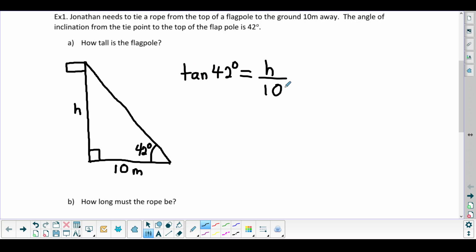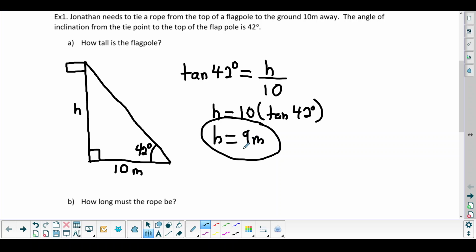And we can rearrange this, so we'll multiply the 10 up, punch that on our calculator. So this would be 10 times tan 42 degrees. And that is going to give us approximately 9 meters. So this is 9 meters for h. We'll just circle that as our answer.